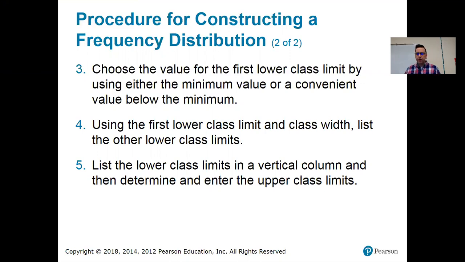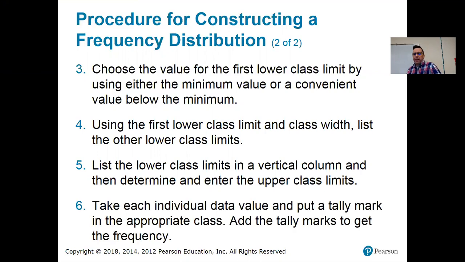And then take each individual data value and put a tally mark in the appropriate class, and then count up all your tally marks to get the frequency. Example coming right up here in just a second.